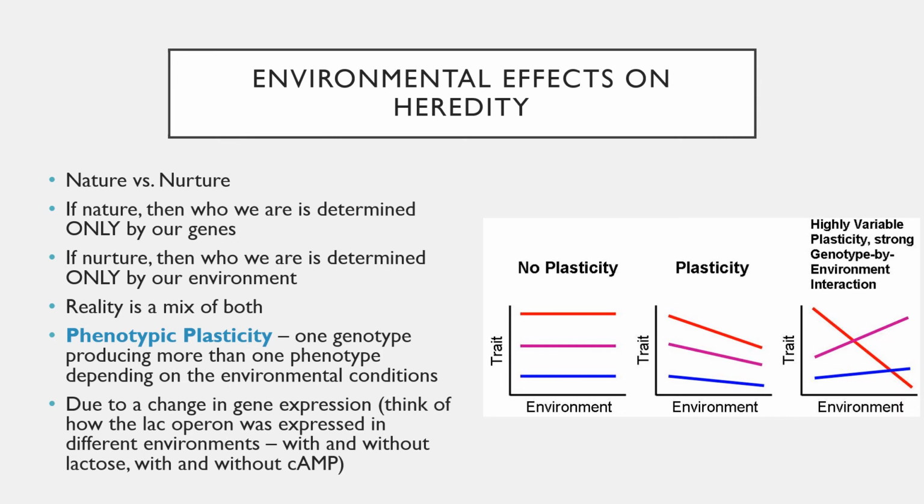If it has a lot of lactose, it's going to be expressed very differently than when there's no lactose. It's going to be expressed less strongly if there's no cAMP and more strongly when there is cAMP. So that is already an instance of environmental effects on that particular gene expression. That's an example of phenotypic plasticity.